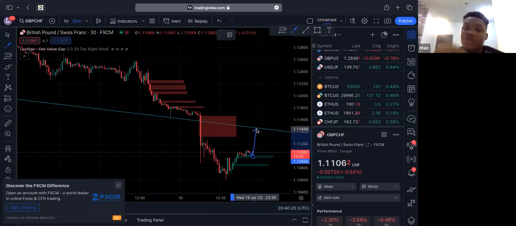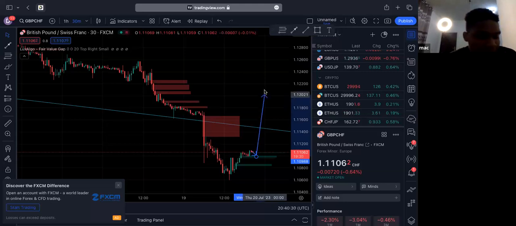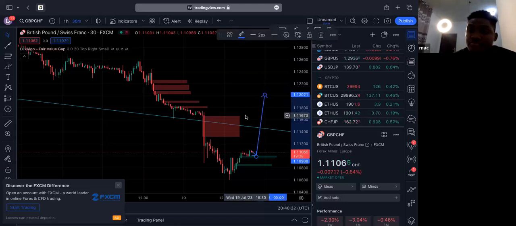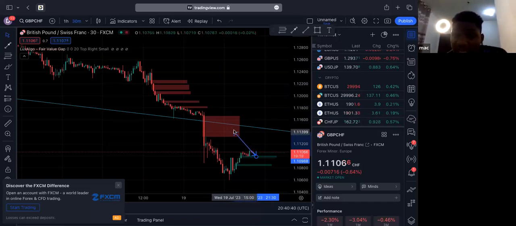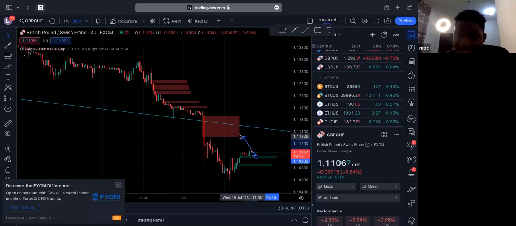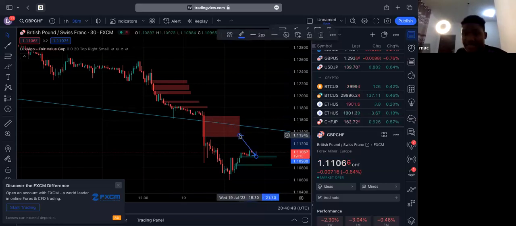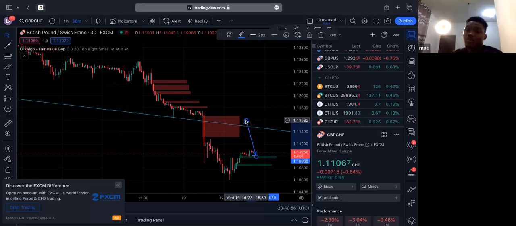It's not just going to buy forever. It's not just going to go up. It will get to this red gap, touching it. Either it stops here with that buy and retraces and sells, or it stops in the middle, or it stops somewhere around here and retraces and sells down.